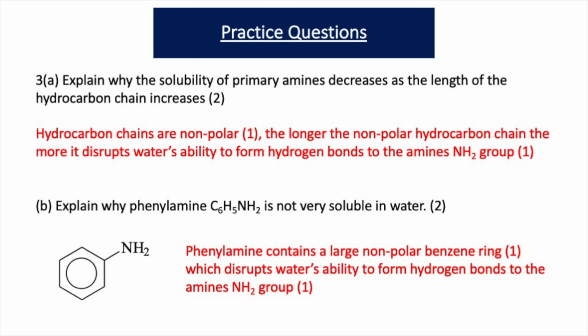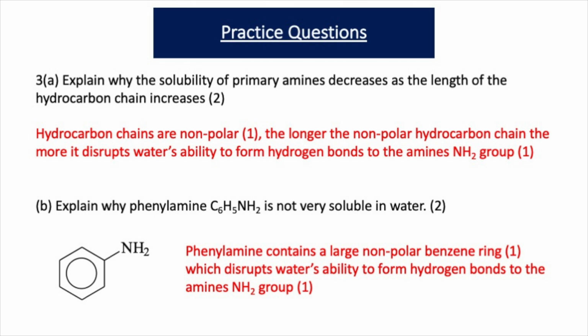So question 3 was asking you to explain why the solubility of primary amines decreases as the length of the hydrocarbon chain increases. So if you said that hydrocarbon chains are non-polar, there's a mark for that. And the longer the non-polar hydrocarbon chain, the more it disrupts water's ability to form hydrogen bonds to the amine's NH2 group.